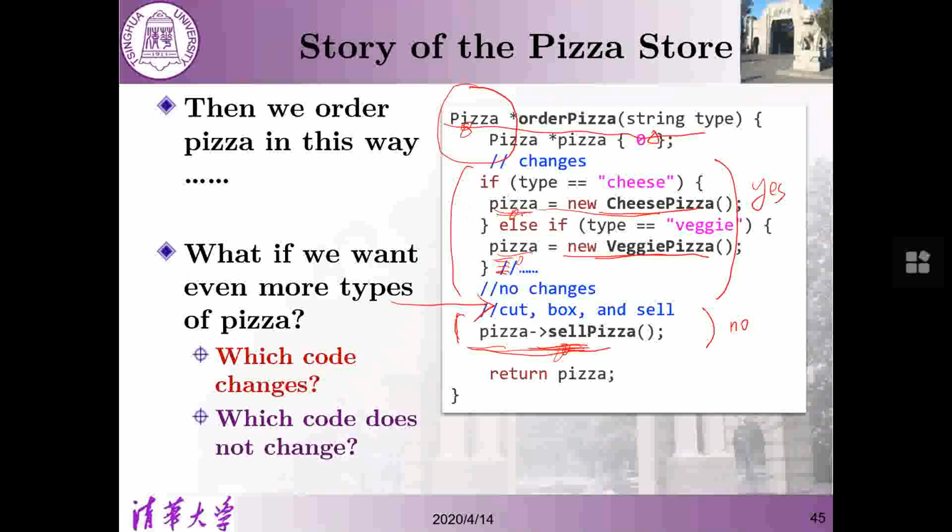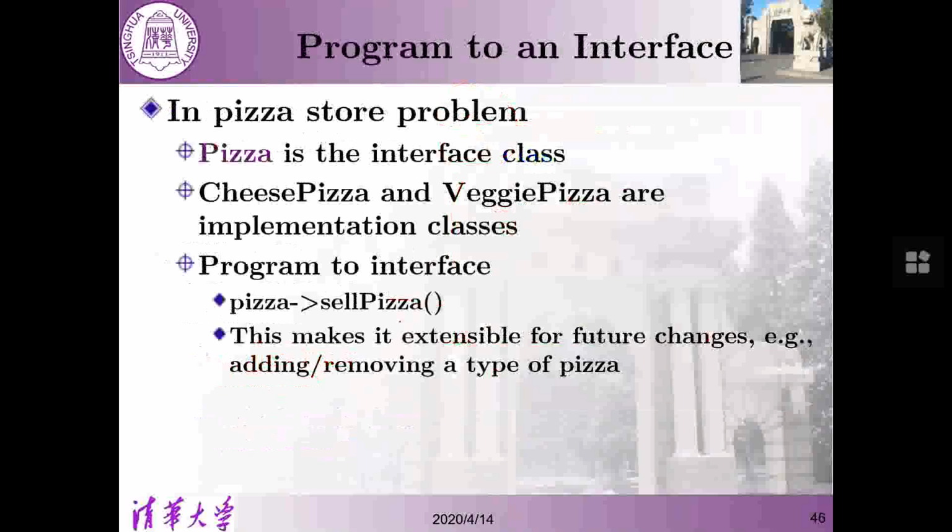For example, if we want to add one more type of pizza, we just need to modify this part, and if this part is separate from this part, then we can avoid some potential bugs by mistakenly modifying this part, right? And also, it makes the task easier for us without reading all the code to find this part, right? So we should always be careful about which part changes and which part does not change. We will also talk about this later.